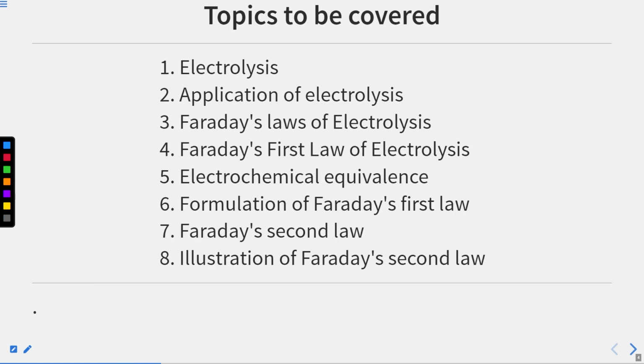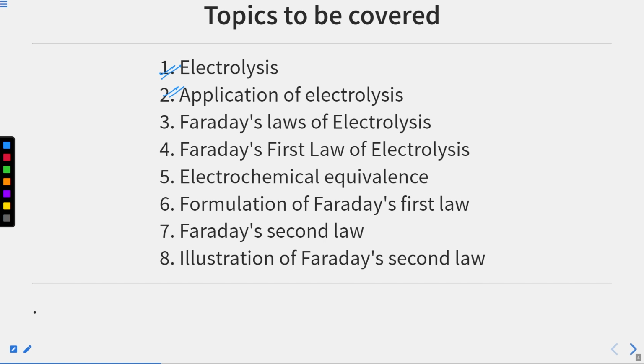To begin with today's class, the topics we'll be covering are what electrolysis is, and some applications. In industry, electrolysis finds a very wide use, because electroplating and all these things are based upon electrolysis only.